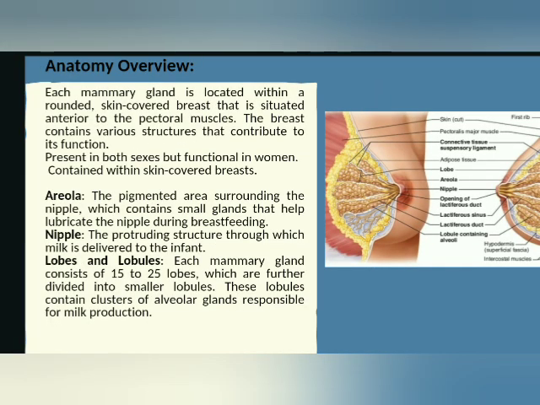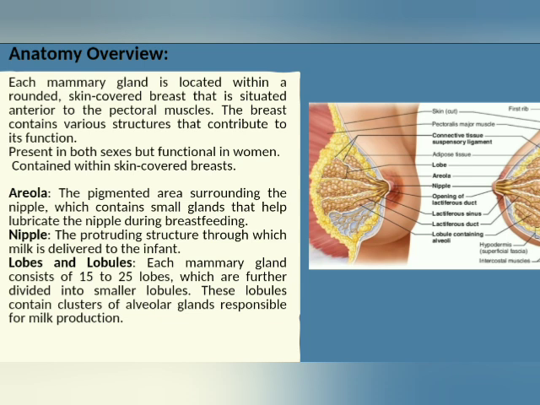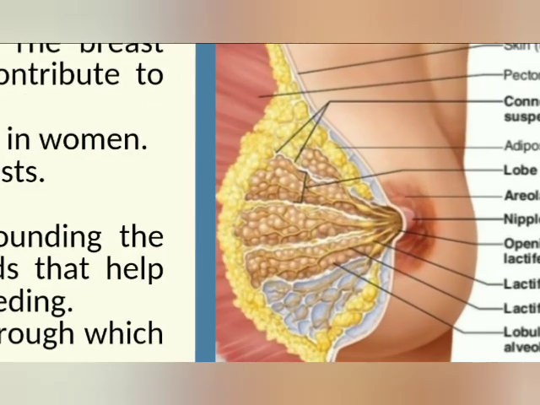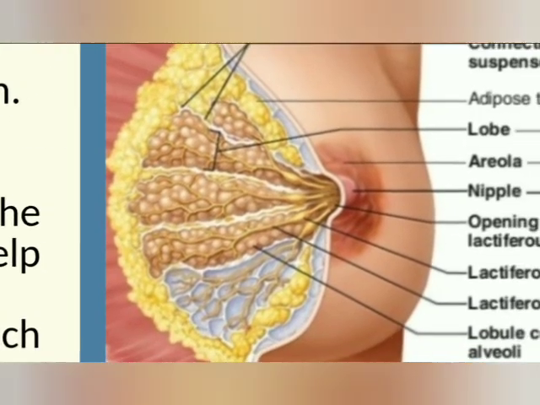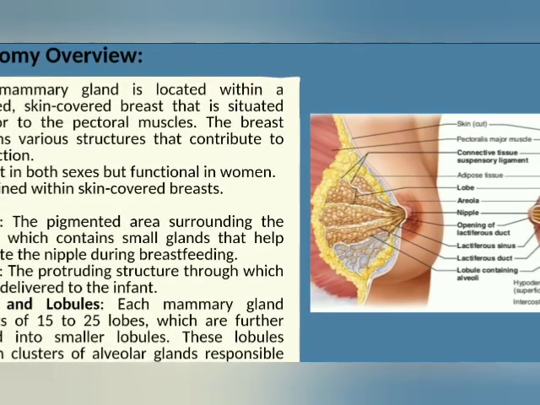The next part is the lobes and lobules. Each mammary gland contains 15 to 25 lobes that surround our breast. These lobules contain clusters of alveolar glands that produce milk. So this is our mammary gland.